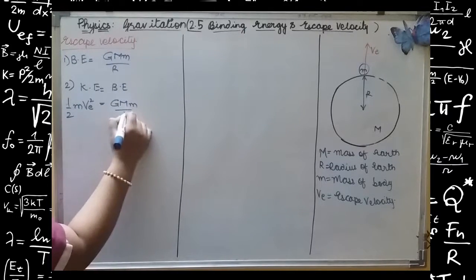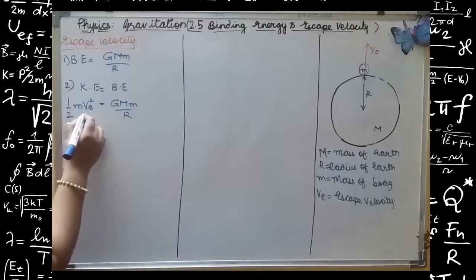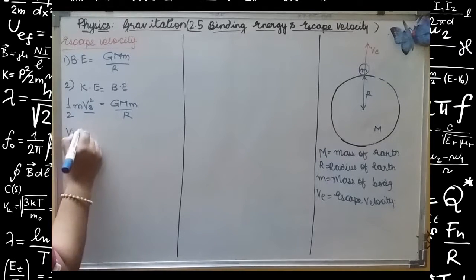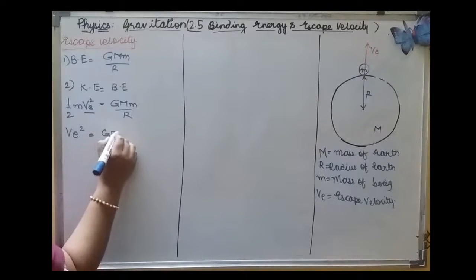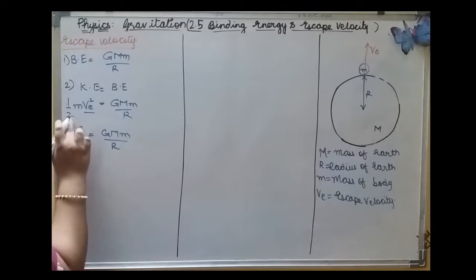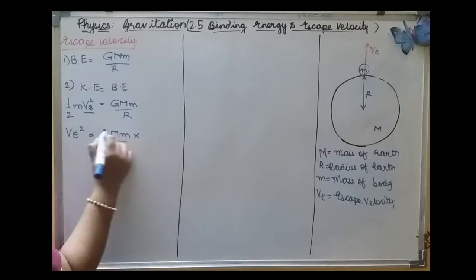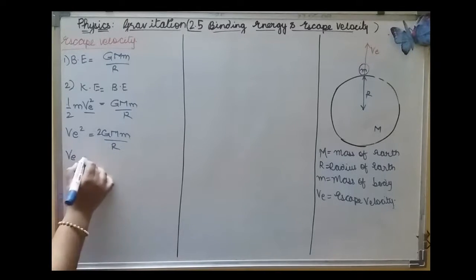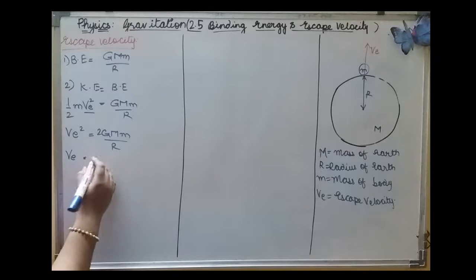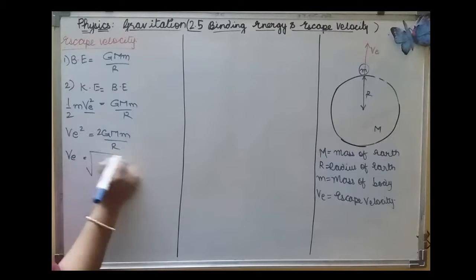GMm upon capital R. Let us keep this Ve square here and shift the rest to the right hand side. This 2 will come in the numerator. We need the value of Ve, not Ve square, so we will make it Ve, and this square comes here and becomes under square root.